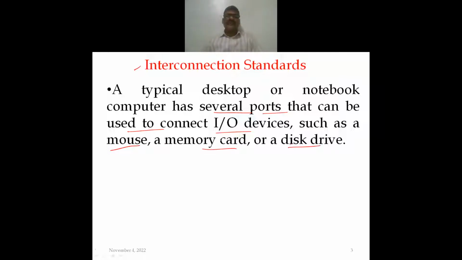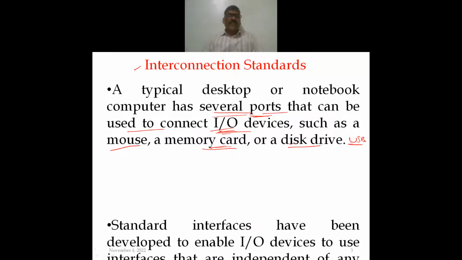By making use of different types of IO ports, we connect different IO devices. These IO ports follow some standards. One of the important standards is the USB port, the Universal Serial Bus port, which we will discuss.